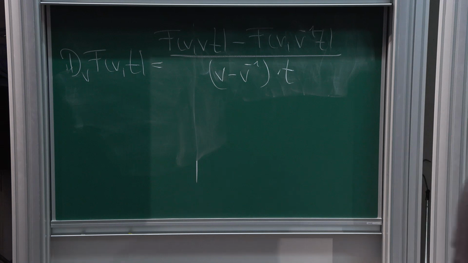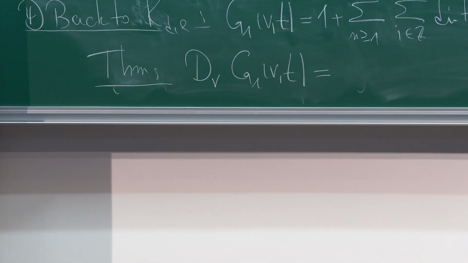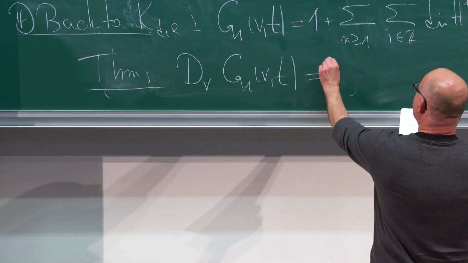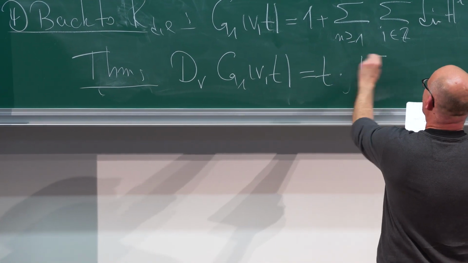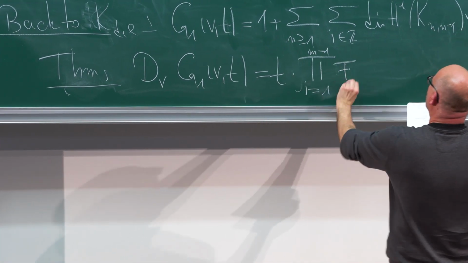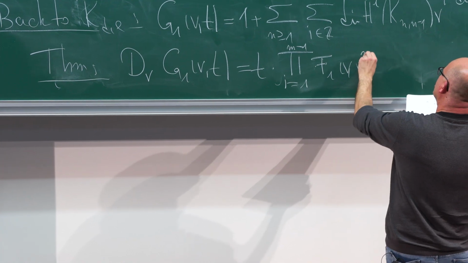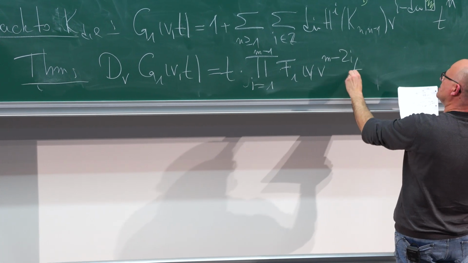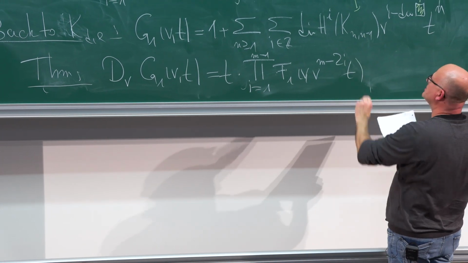So that's a symmetrized analog of the usual q derivative. And this v derivative of G1 is again something like a quantized power of f. Namely, it's t times the product over i from 1 to m minus 1 of f1 of v to the m minus 2i t. That's it.